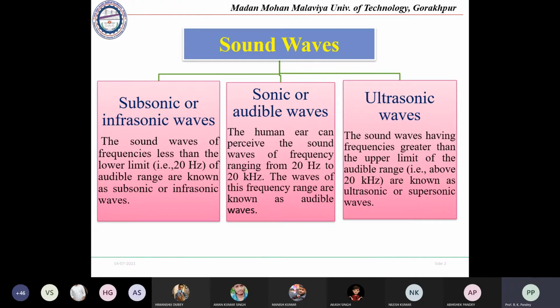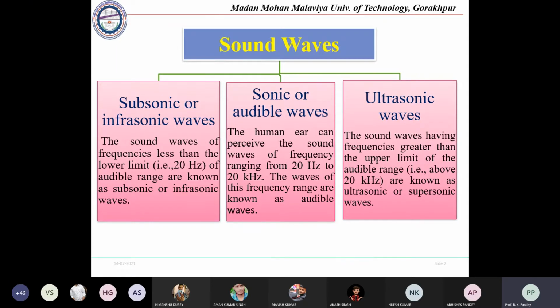So these are the broad classifications of sound waves, and accordingly they have been used in studies for different purposes. As far as subsonic waves are concerned, they have very low frequency, so obviously their wavelength will be very high, and these waves are produced by the movement of heavy bodies like the planet Earth and other heavy bodies.